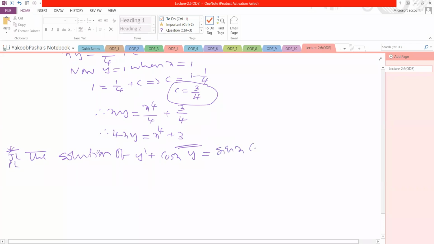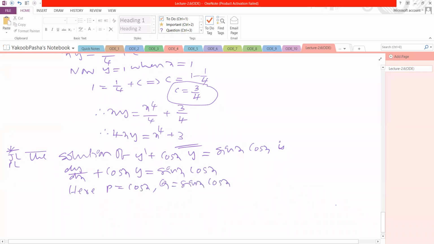Now y dash means dy by dx. So I am writing dy by dx plus cos x into y is equal to sin x into cos x. So here we write the p value, cos x, and the q value, sin x into cos x, and find the integrating factor.